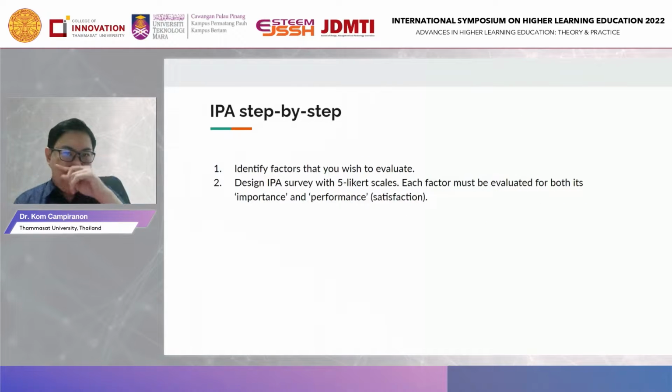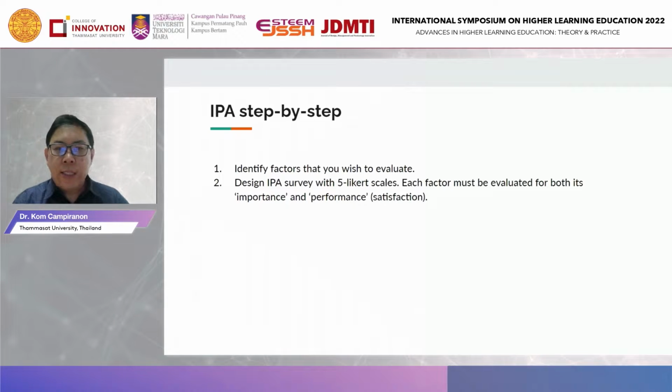Okay. So IPA step by step is very simple. First, identify the factors or the features or services that you want to evaluate. And then you design an IPA survey with 5 Likert scales. Okay, 5 means very high, 1 means very low.